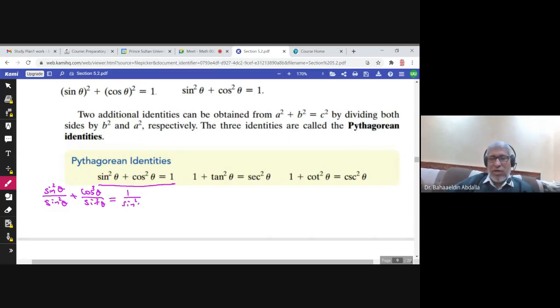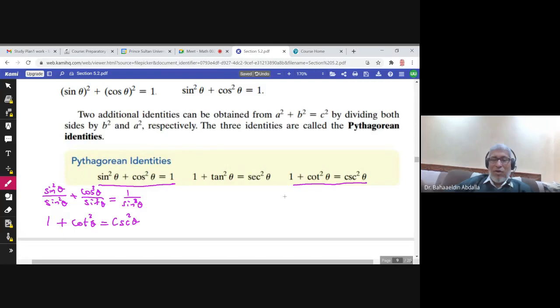So I'm dividing everything by sine square. What is sine square over sine square? This is 1. What is cosine over sine? That's cotan. So 1 plus cotan squared theta equals, what is 1 over sine? Cosecant squared. So 1 plus cotan square equals cosecant square. That's this identity.